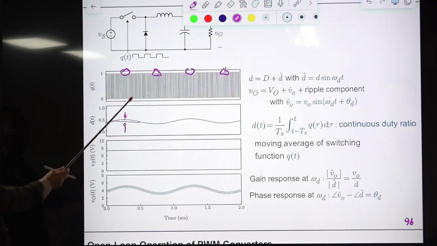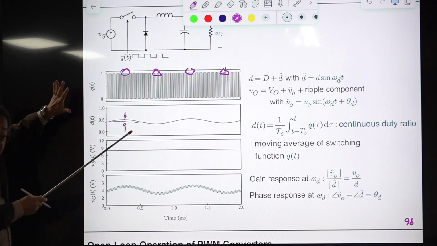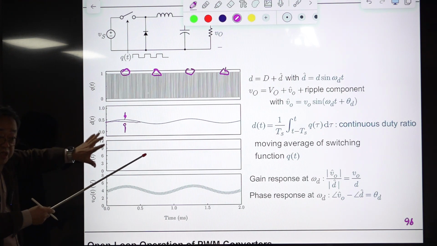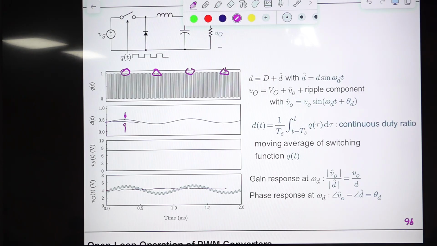If two things vary together, they will get mixed up. One thing is fixed, and the other one is changing in sinusoidal fashion. Then we have this, and it has some average value and a ripple component, but it also has this DC value and some sinusoidal component, and we want to compare this and this. The concept is here.